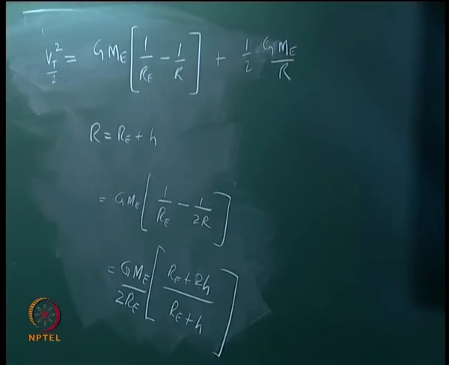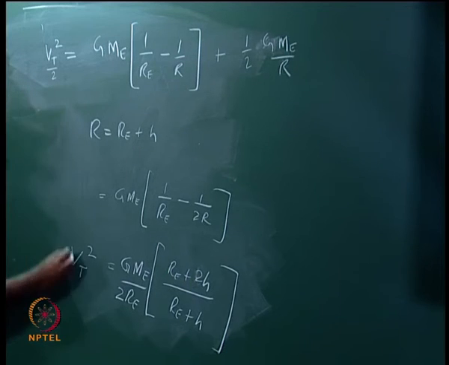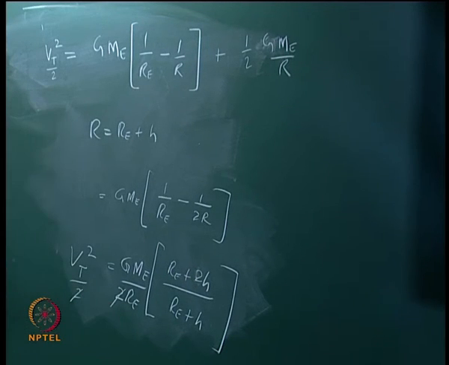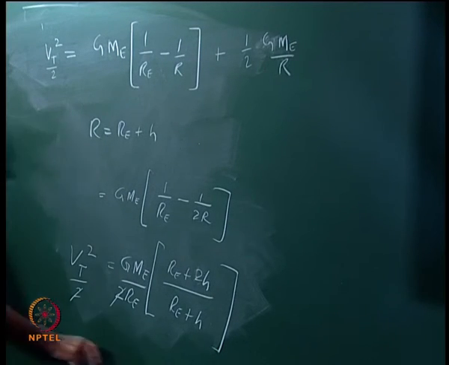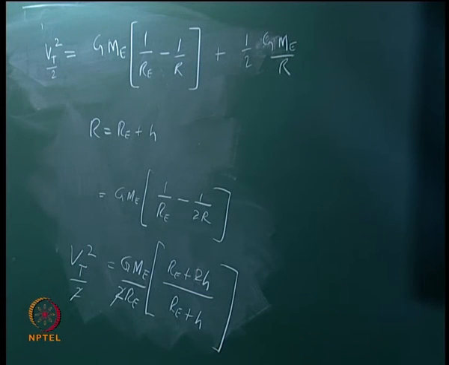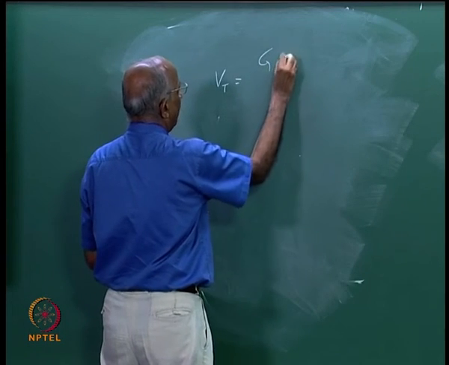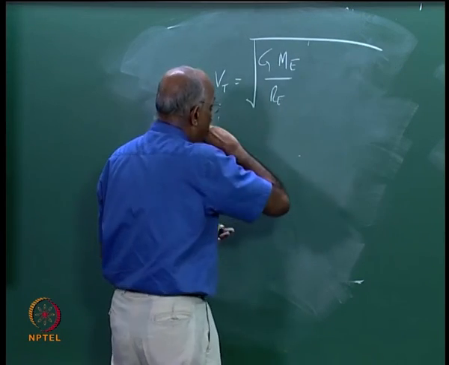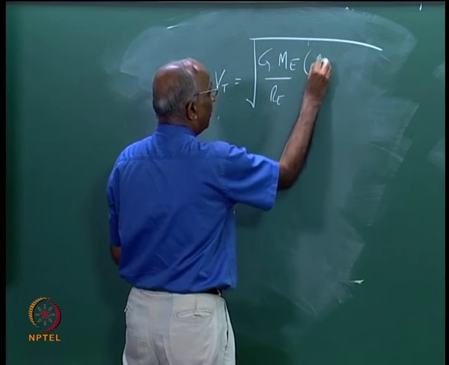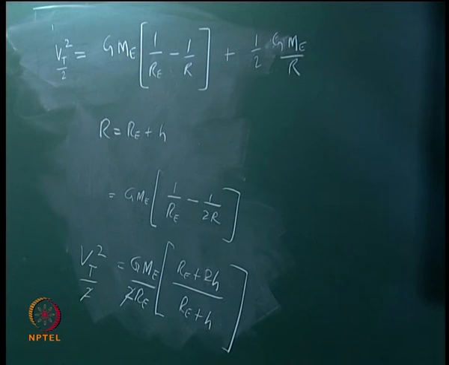Please make sure it is all right, and this is the total velocity Vt square divided by 2, 2 and 2 get cancelled, and therefore the total velocity which has to be given to a spacecraft or body when it is rotating at a height h above is given by Vt is equal to G me by Re into, excuse me, Re plus 2h divided by Re plus h.